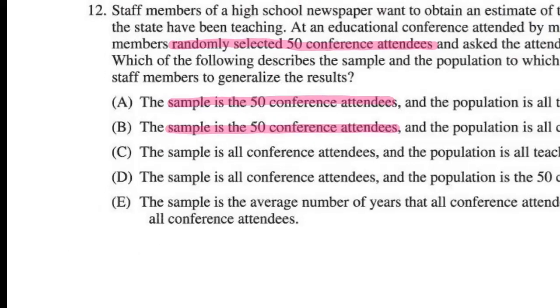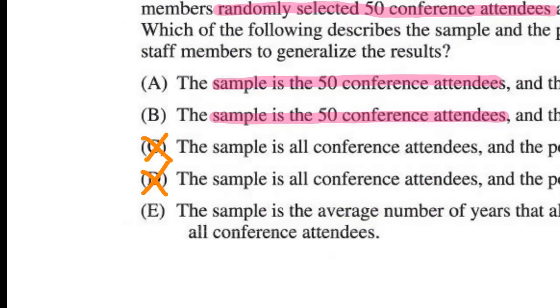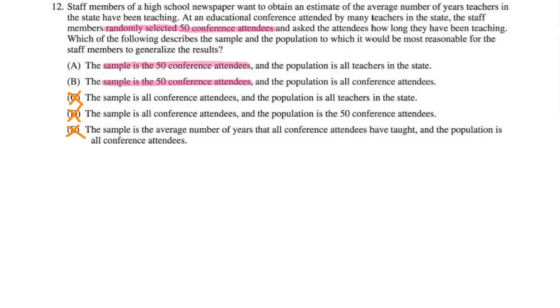So it's either choice A or choice B. Can't be C, D, or E. Where did they go to collect their sample? They went to the conference. So who can they generalize their results to? The conference. They might be interested in the opinions of everybody in the state, but they did not get their sample from everybody in the state. They got their sample just from the conference.